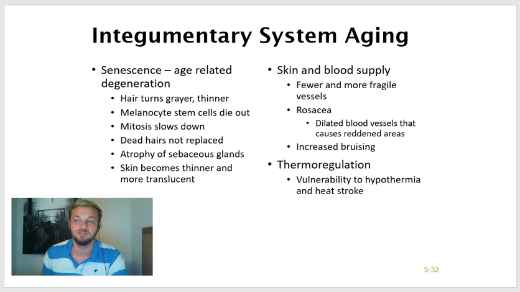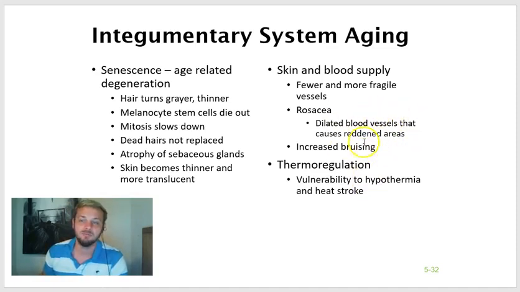Also increased bruising, so don't drop your old person, they bruise pretty easily because these vessels are weakened. They lose a lot of collagen, and so they're not able to take those disturbances very well.